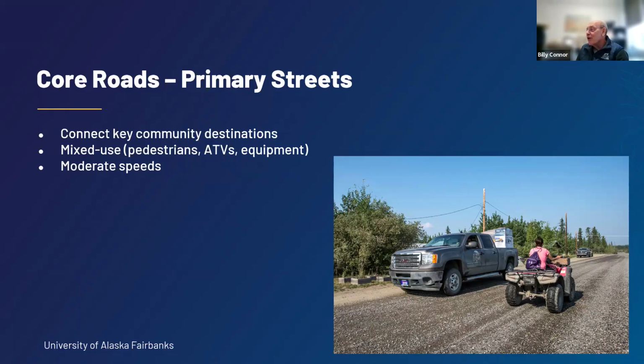We've got pedestrians walking through those areas, ATVs, and in many cases, equipment moving about. So they tend to be a little bit wider. They tend to be a moderate speed, not as high as the non-core, but a bit higher speed than within the residential areas. So we've created slightly different standards for those roads, and we'll talk about those in a few moments.